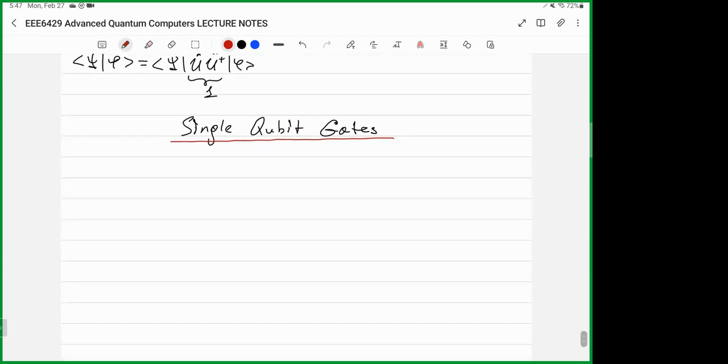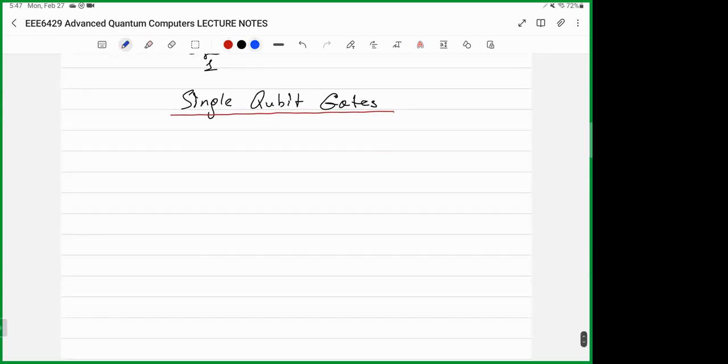So the first gate we consider is called the X gate. It can be denoted by sigma X, also by pX, depending on the literature, depending on the author.